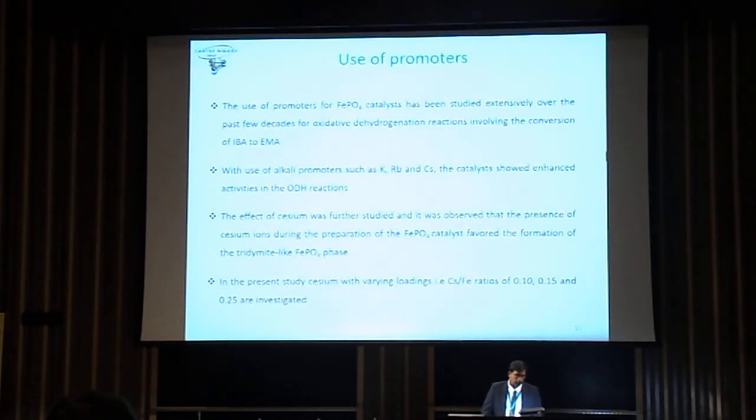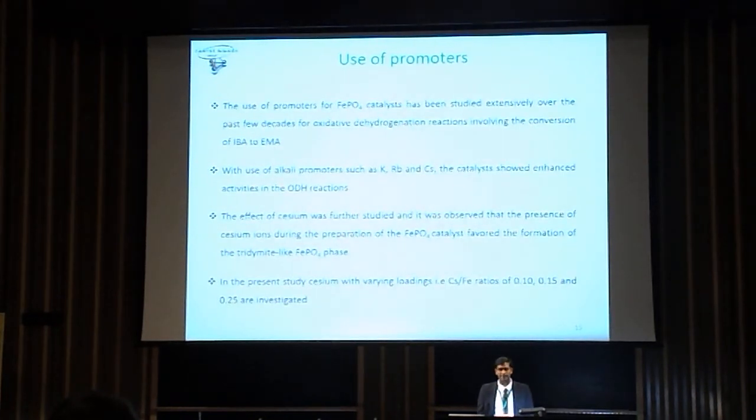But as I told you, the lifetime of these catalysts is very short, so these catalysts are only active until about 72 hours. To increase the lifetime of these materials, we used different promoters like potassium, rubidium, and cesium.